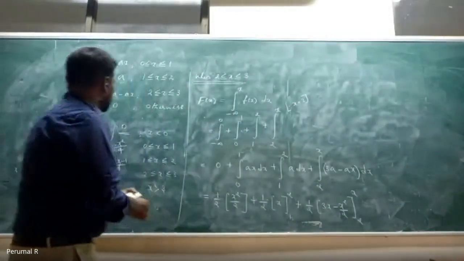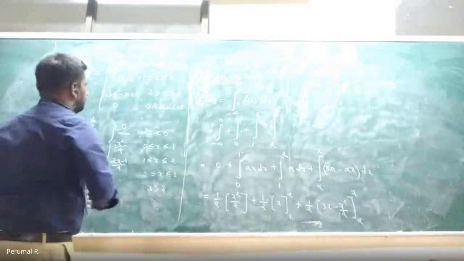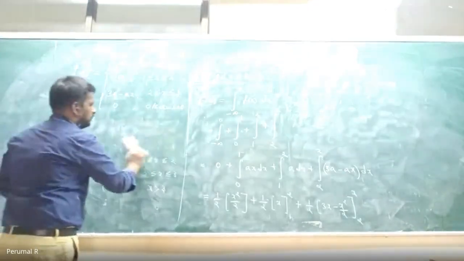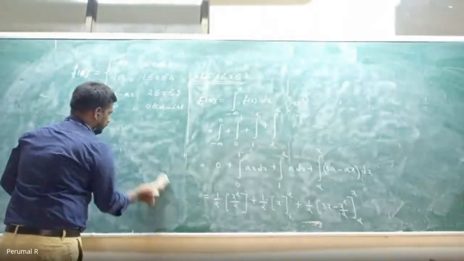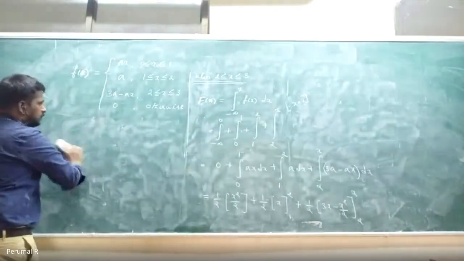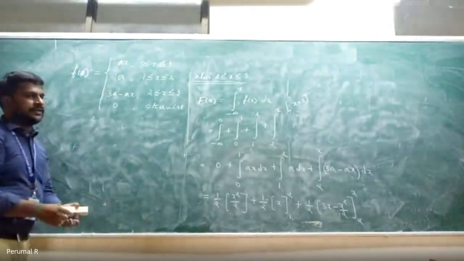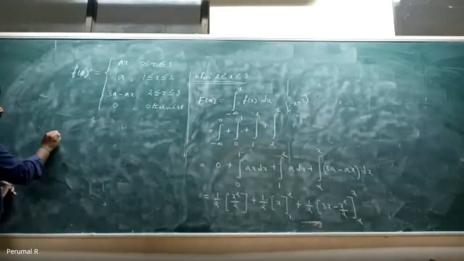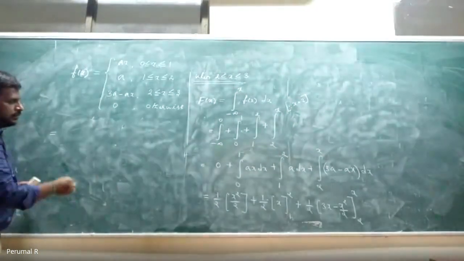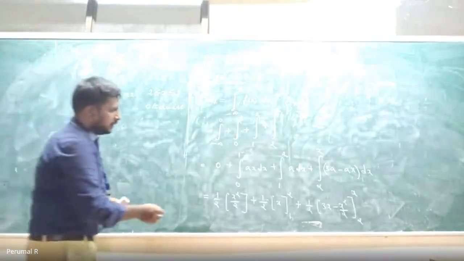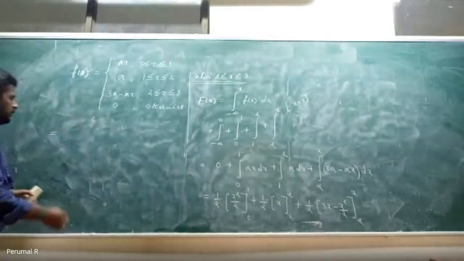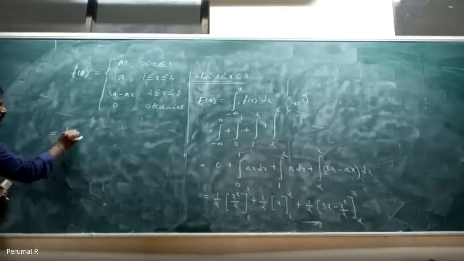Now you can simplify that one. What do you have to get? 1 by 2, here 0 to 1 limit. So therefore, in your first case you are getting 1 by 4.